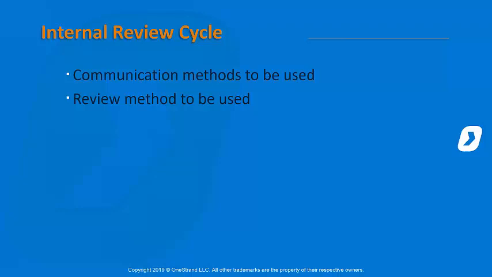Most probably not. No. So you want to have a very clearly defined communication method. That could be email, it could be a workflow process, but you've got to look at the tools that you have and work out what's the best way to utilise that.